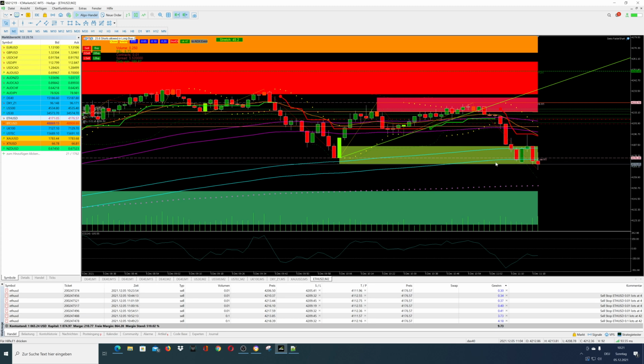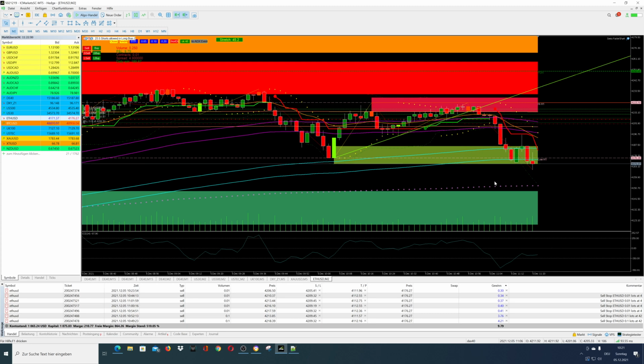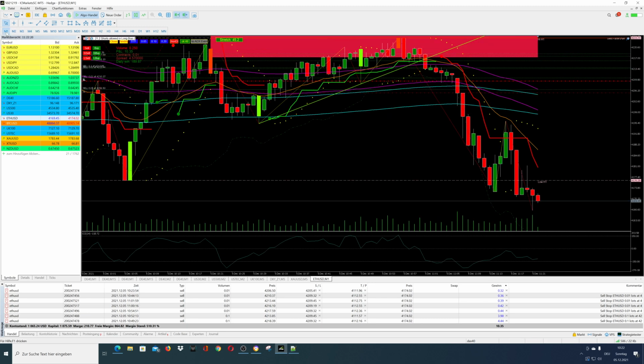Very important is that these EMAs have different values in different time frames, and the VWAP is always constant. VWAP is the only indicator which is independent of time frame. Then here I have the CCI, the commodity channel index.